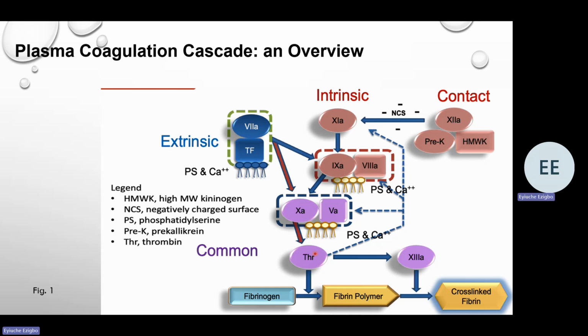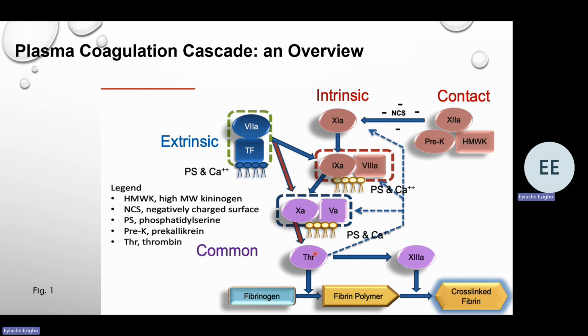Then the activated factor 7 cleaves factor 10, which becomes activated factor 10 and binds factor 5 in the presence of ionic calcium and phosphatidylserine from the platelet membrane. Phosphatidylserine, PS, is what we'll be calling it from now on.